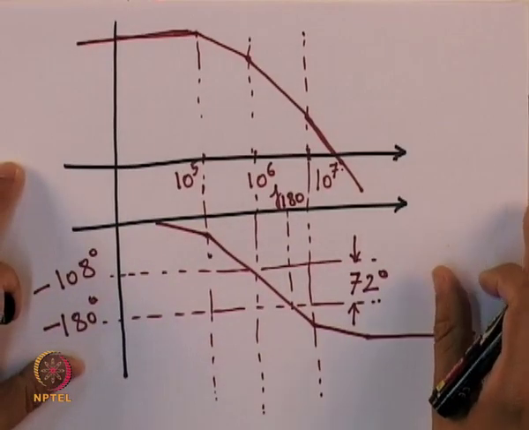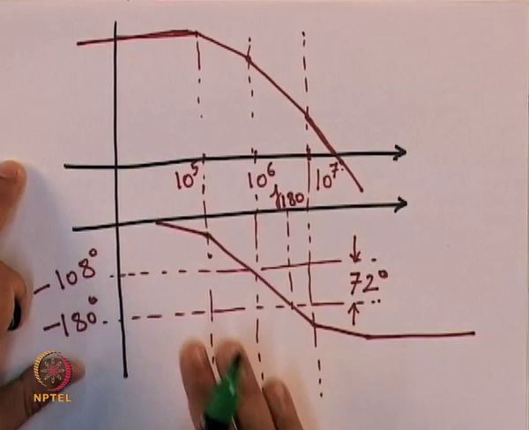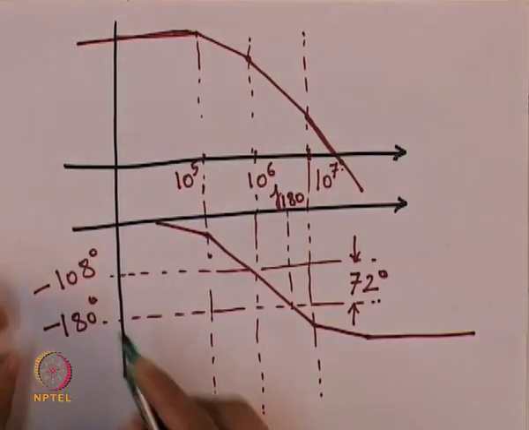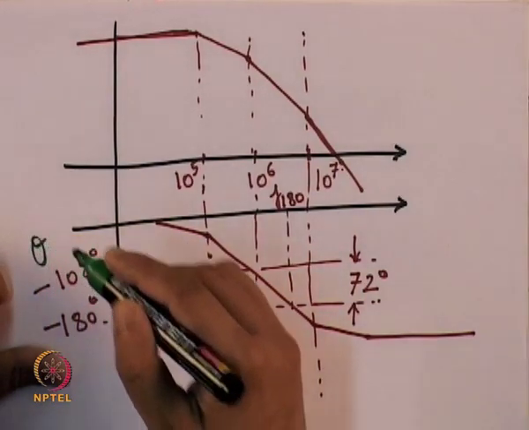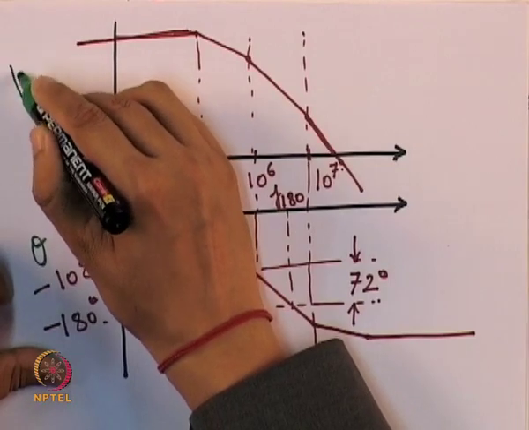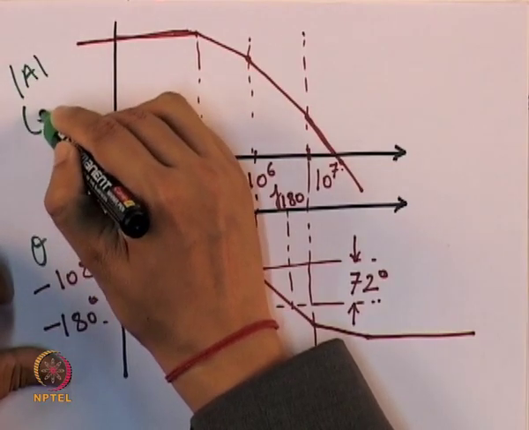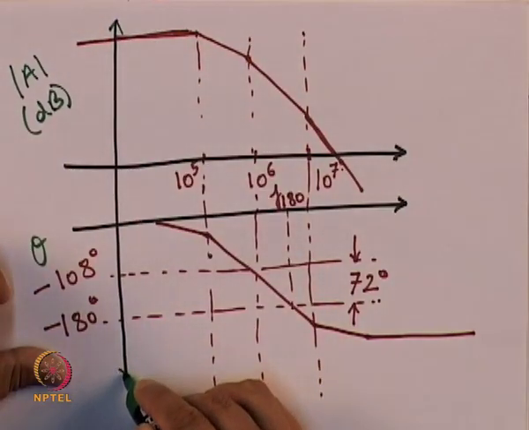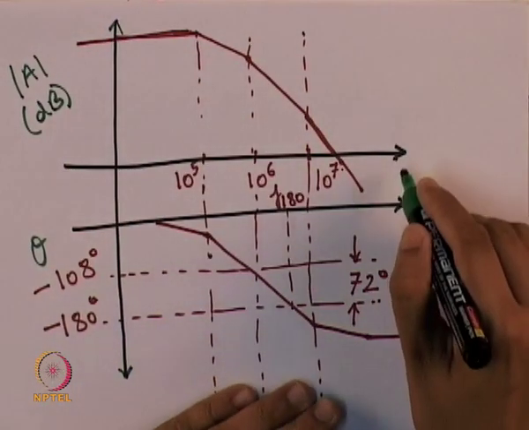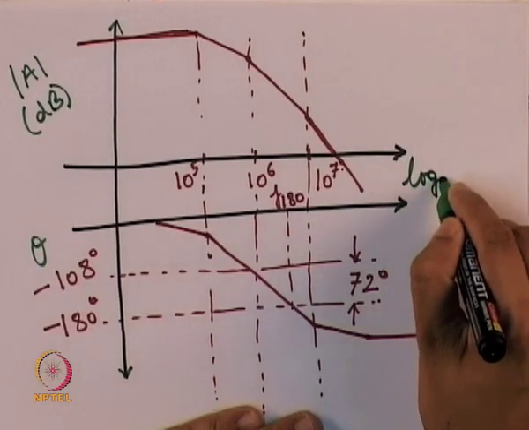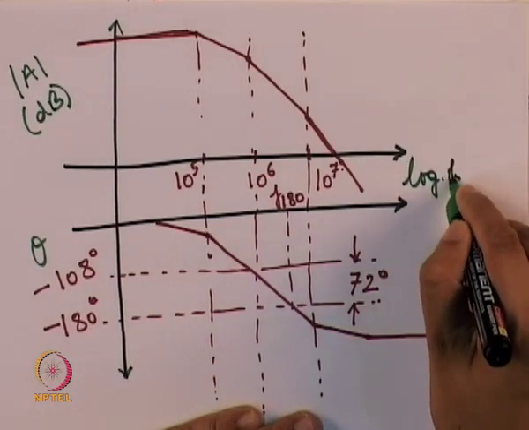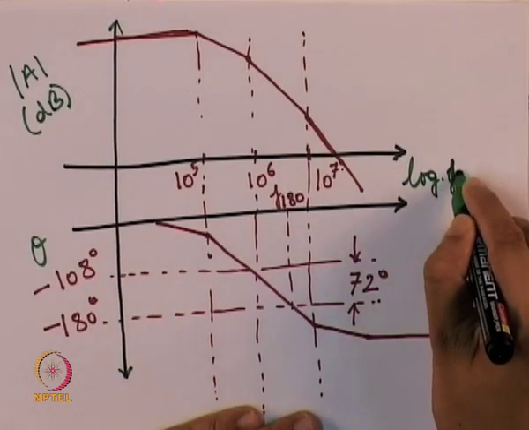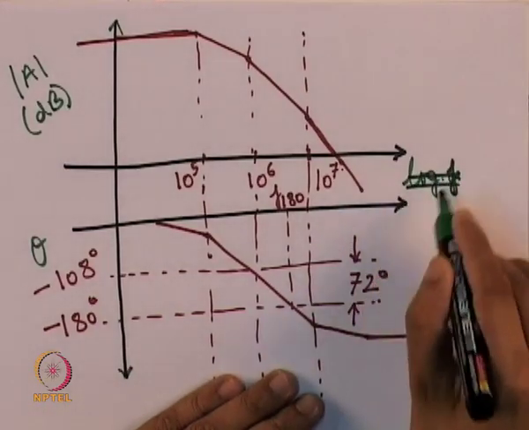So this is my magnitude plot, the top half, and this is my phase plot. So I can maybe label it as this is my frequency axis, and this is in log scale. So this is log of f rather.